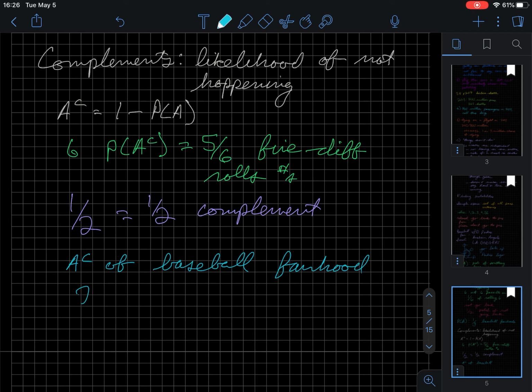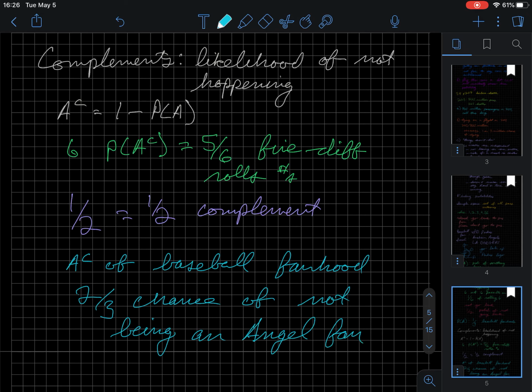We would say there is a 2 in 3 chance of not being an Angels fan. All right, so seems pretty easy, pretty quick and awesome.